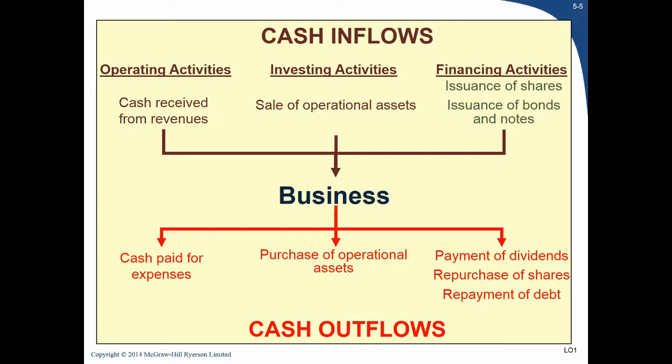So this just shows the same thing a little bit more graphically, but we have inflows, right? Where could we possibly get money from? These are really the only sources. Cash received from revenue, right? We sell phones. Sale of operational assets. And again, that's if we sell, for example, a piece of old equipment, that's going to generate cash, right?